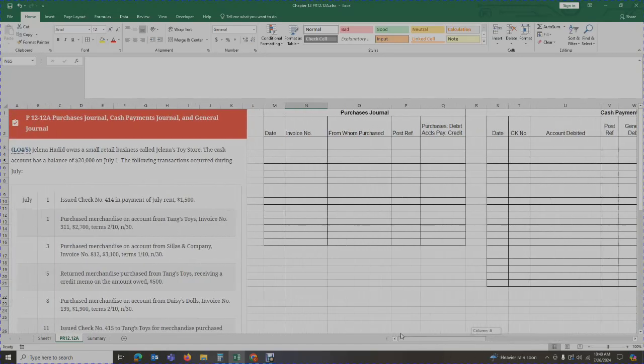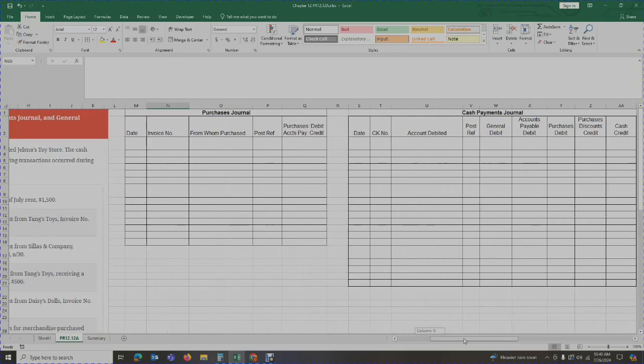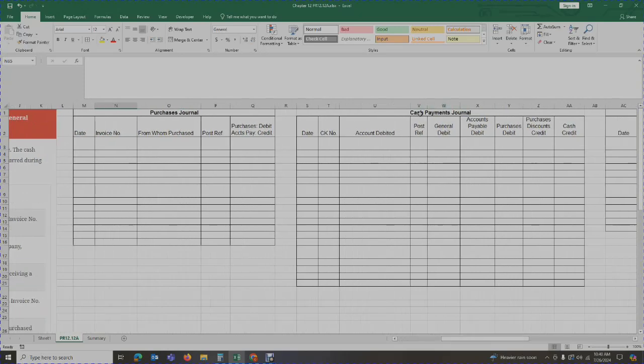So the first question you ask yourself is, did I make a purchase? Yes or no? Did I make a cash payment? Yes or no? Here we are making a cash payment for the rent. So if we are making a cash payment, then that transaction is going to go under my cash payments journal. It just makes sense. So when did this happen?